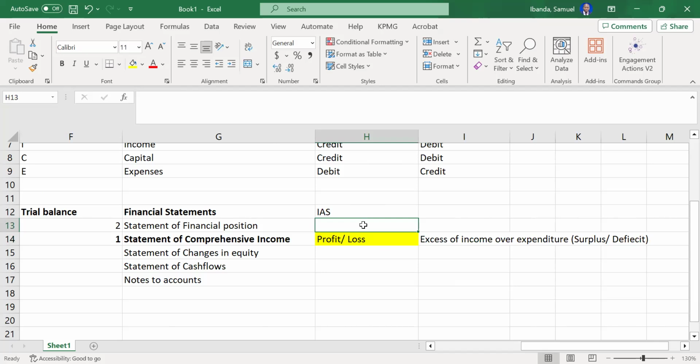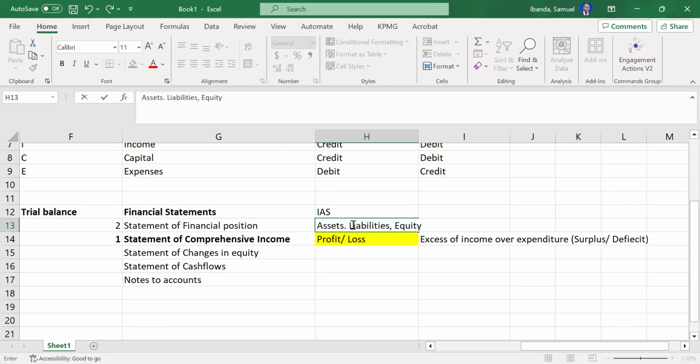Its focus is to give us our position in terms of assets, our position in terms of liabilities, and our position in terms of equity, which is capital. So the statement of financial position has three areas: the assets, the liabilities, and equity.